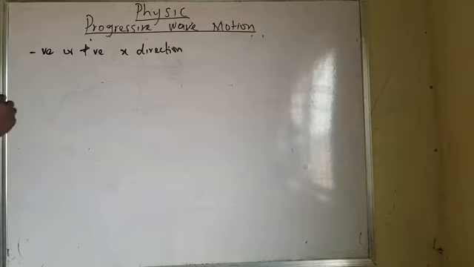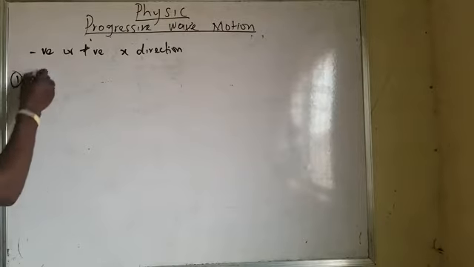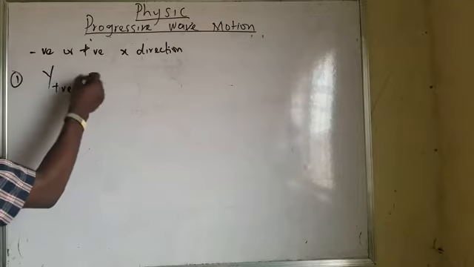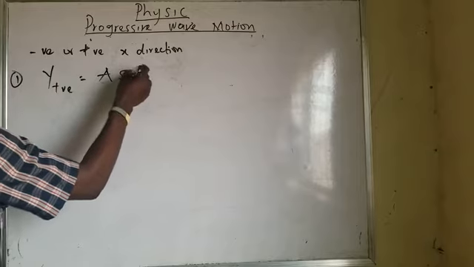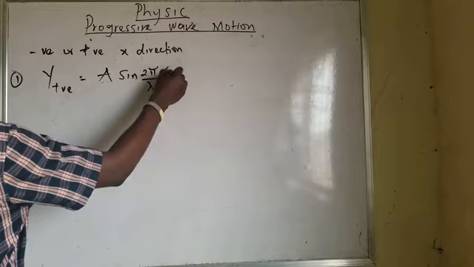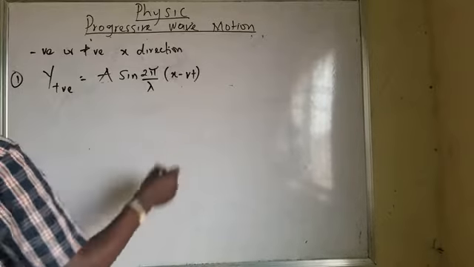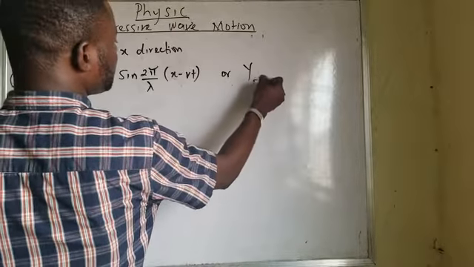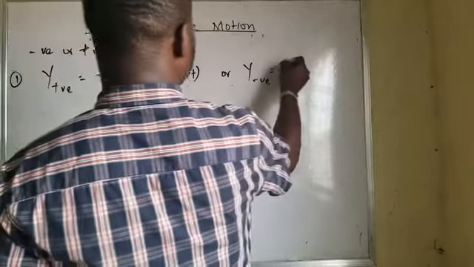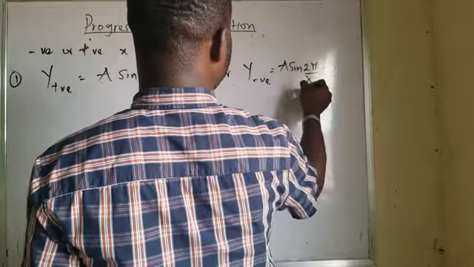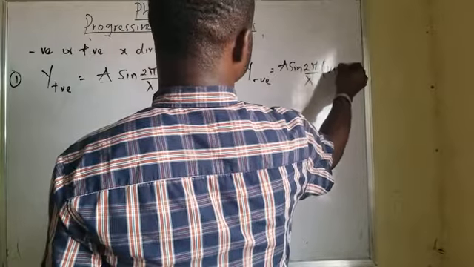Look at these equations. Now, I have equation number one. For the positive direction, y will be equal to A sine of 2π over lambda, bracket x minus vt, or for the negative direction, y will be equal to A sine of 2π over lambda, bracket vt minus x.